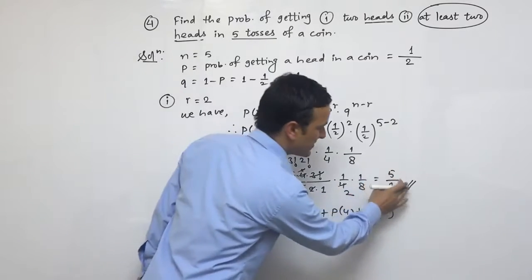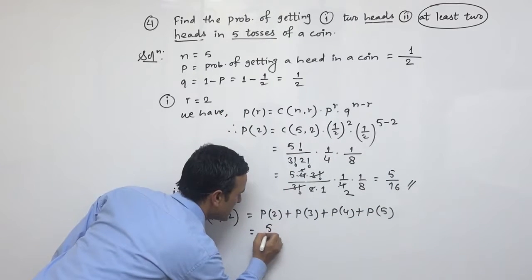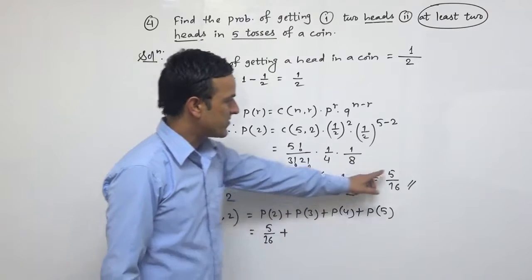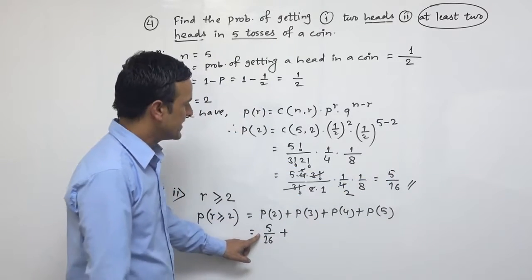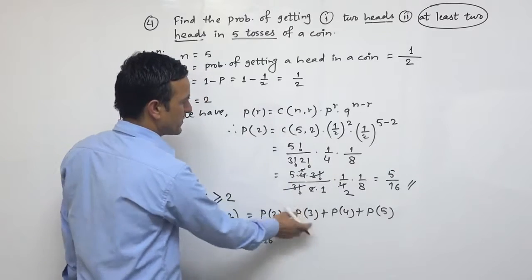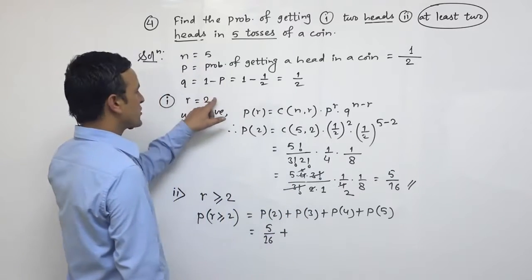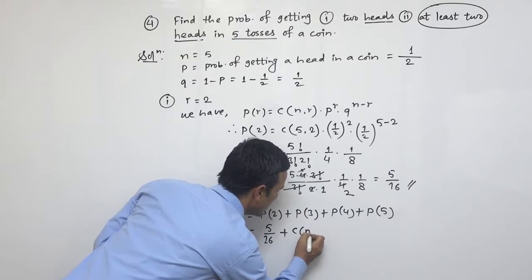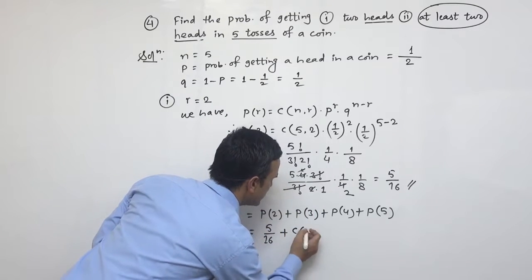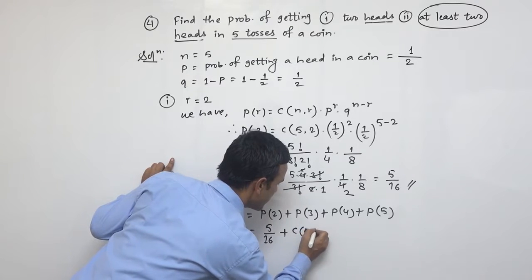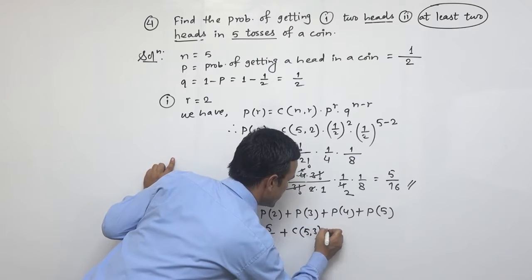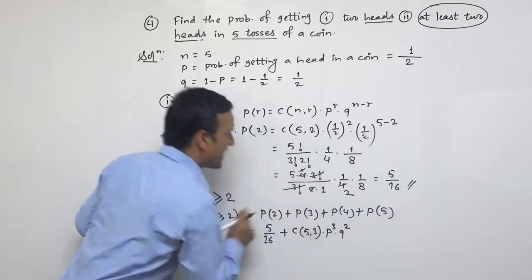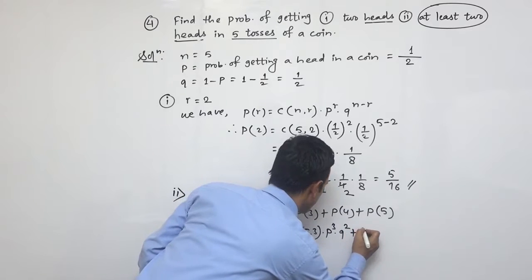So P2 we have already done here. P2 means 5 upon 16. So write down 5 upon 16 plus, since this value is already calculated, I directly wrote it here. Now P3, we don't have the value of P3. So, just like we did with R2, let's write R3. n is 5, C 5 3, and it is P cubed Q squared, plus P4 means what?